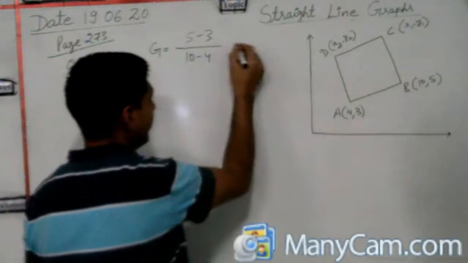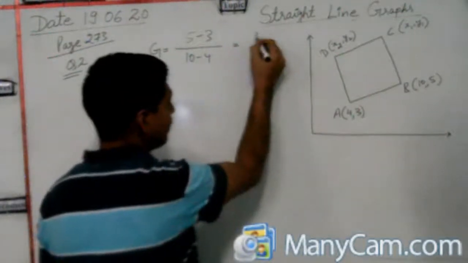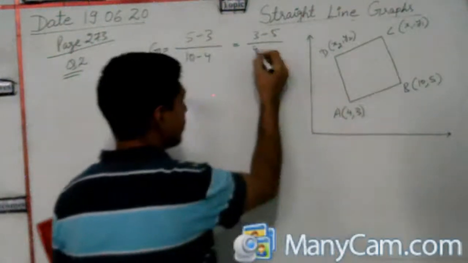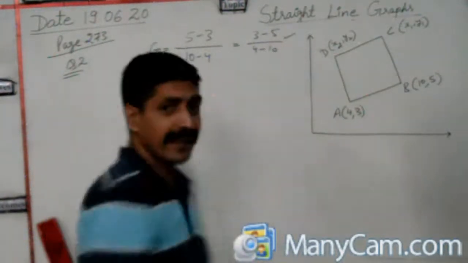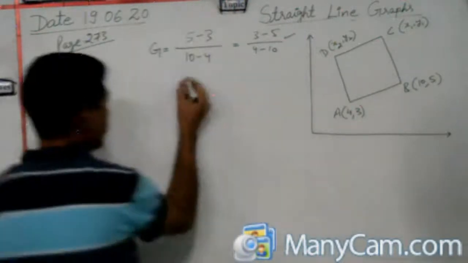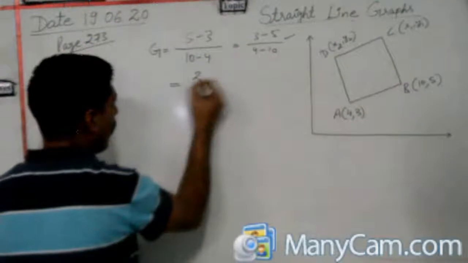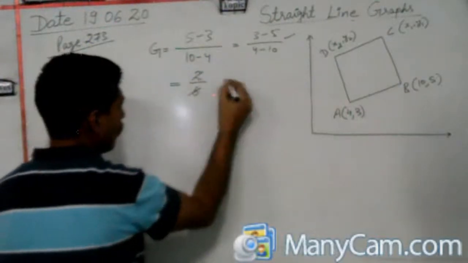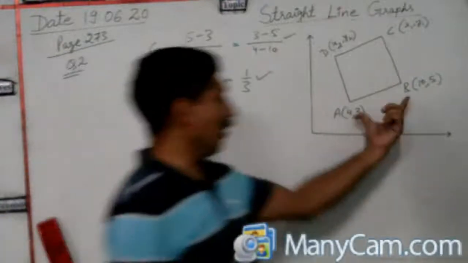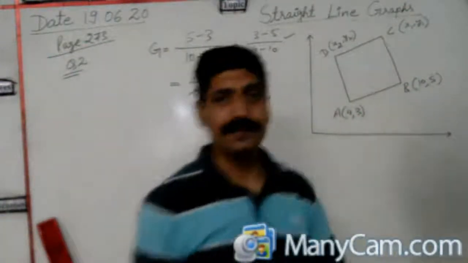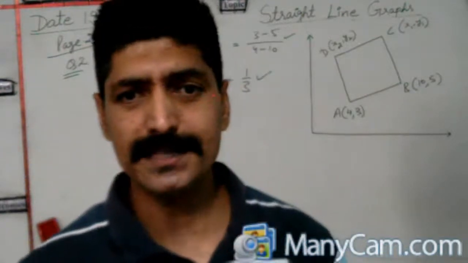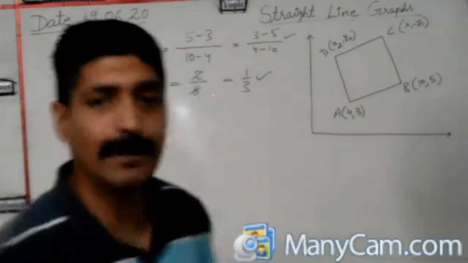Or if you are writing 3 minus 5, then you have to write 4 minus 10. Both ways the gradient will remain the same. So here we have 2 upon 6, that is 1 by 3. So the gradient of the line passing through the points A and B is 1 by 3.